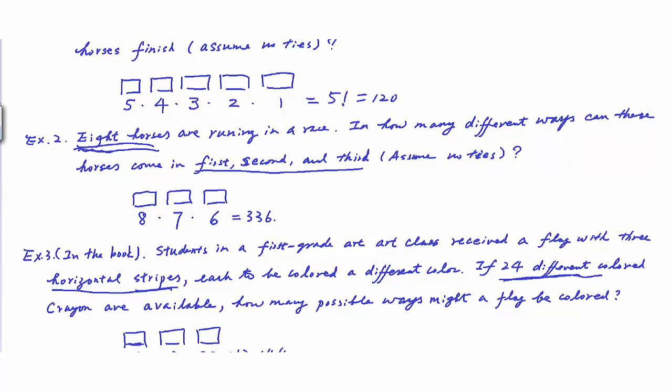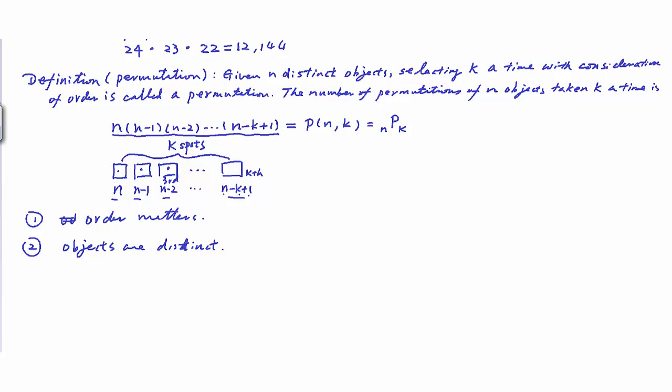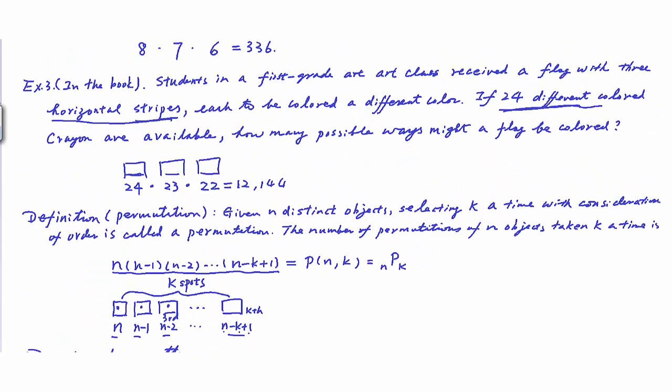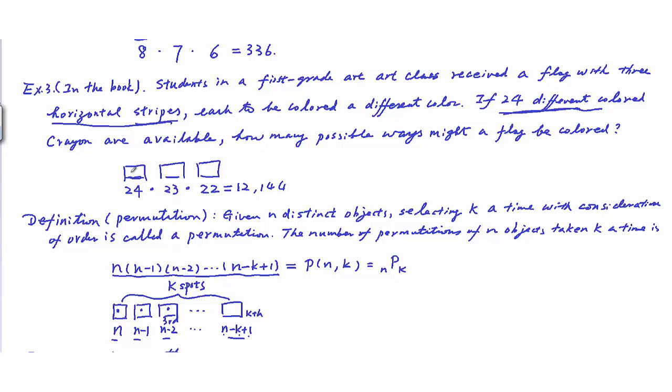And then the third, no repetition. Once the first spot is filled, you only have n minus 1 objects available. So there's no repetition, and you do not have n again. Similarly with crayons: once one color is used, you cannot use that color again.